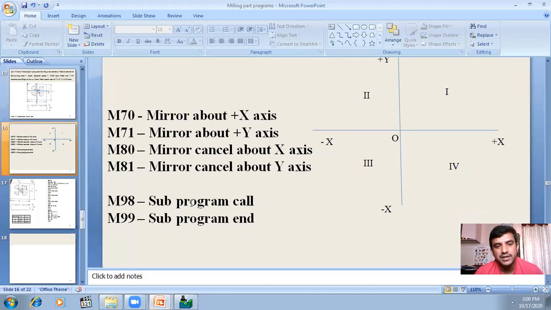By taking M98, subprogram call. Whenever you call the subprogram, you should end it. How do you end the subprogram? By taking M99. M99 stands for subprogram end. Okay, remember these six other M codes, miscellaneous codes or accessory codes.